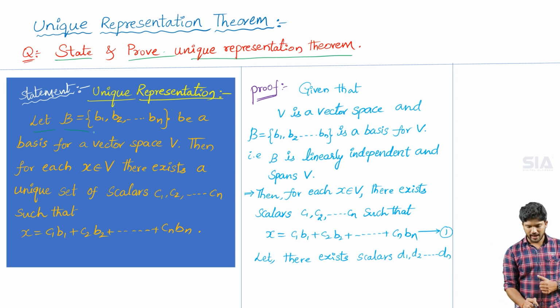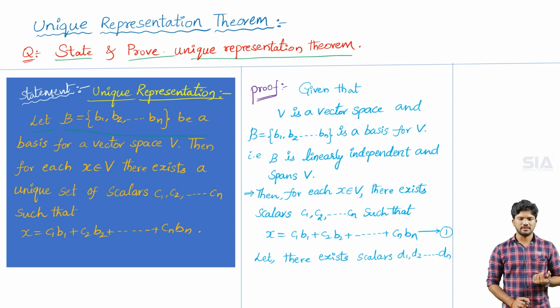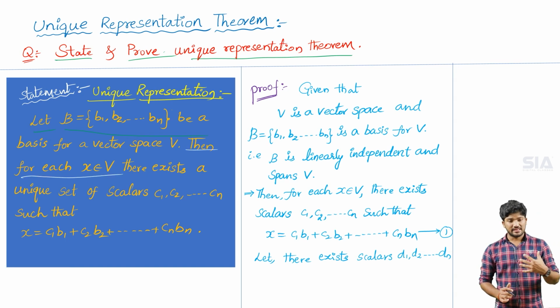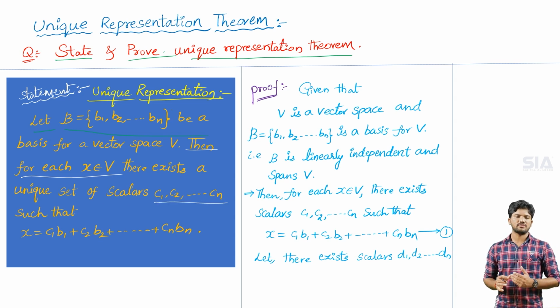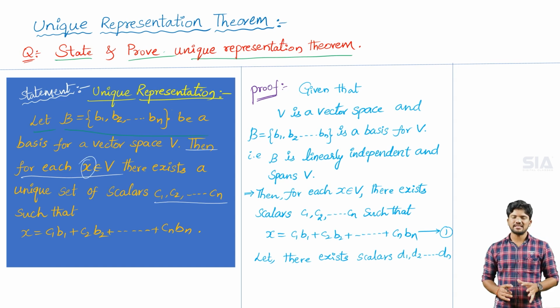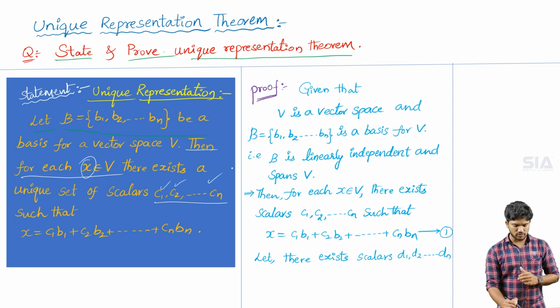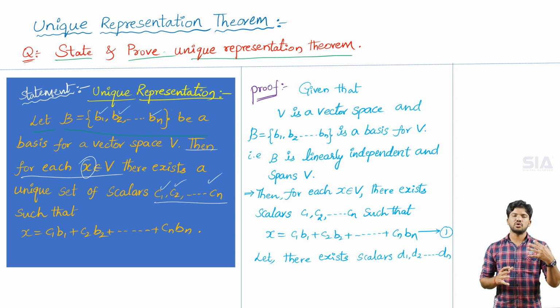Let capital B equal b1, b2, up to bn be a basis for the vector space capital V. Then for each small x belonging to capital V, there exists a unique set of scalars c1, c2, up to cn such that this vector x can be written in a unique way.